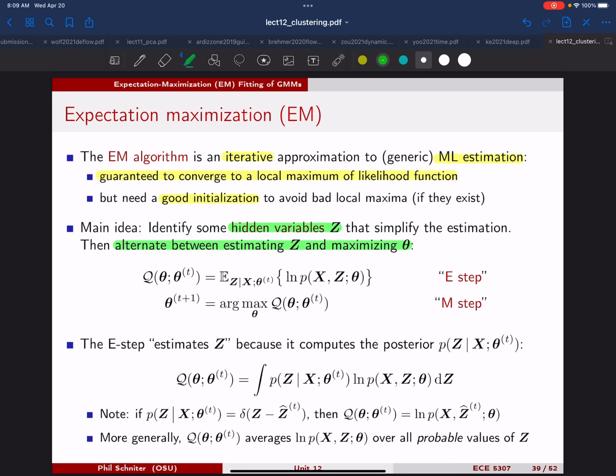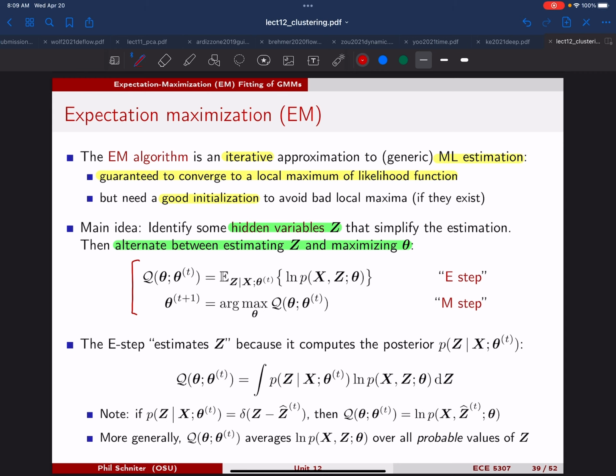So you keep getting a better estimate of Z, a better ML estimate of theta, back and forth, and eventually you will converge to some local maximum of the likelihood. Hopefully it's a good one. So there are two steps in the EM algorithm, the E step and the M step. It stands for expectation and maximization.